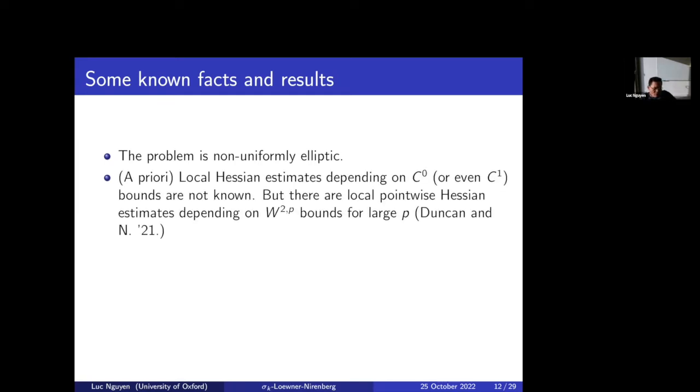A difficulty in treating the equation, compared to the case when we impose that the eigenvalue is in the positive gamma k cone, is that in the case we're looking at now, local Hessian estimates depending only on C0 or even C1 bounds are not known. Some people believe it's false.